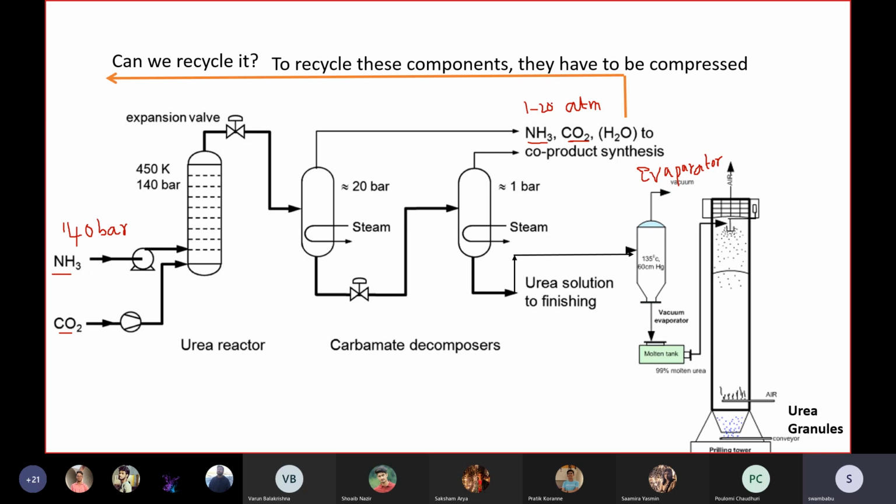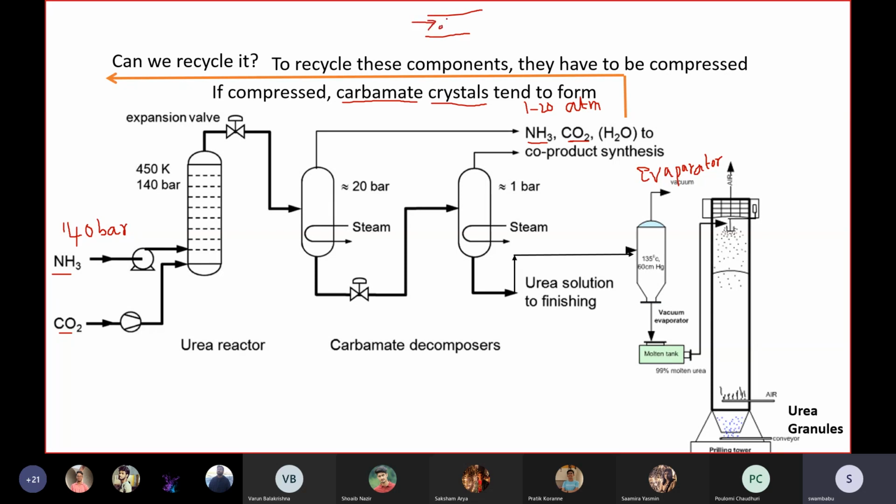So if you compress it, what will happen is, if you suddenly compress it or suddenly release the pressure, the carbamate will tend to form instead of the ammonia and CO2 reaction, and carbamate crystals can form. In any compressor, you are basically pushing the gas to very high pressure.